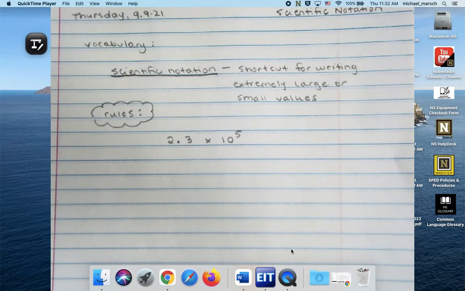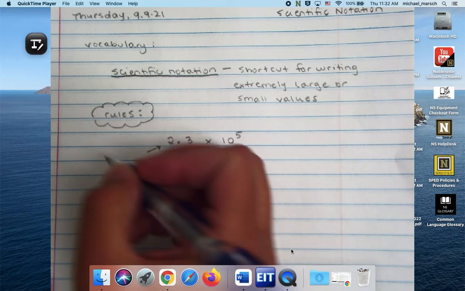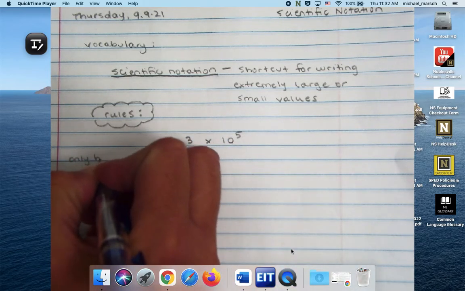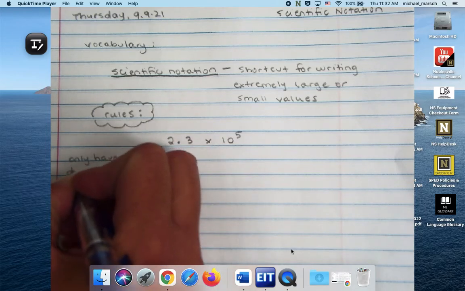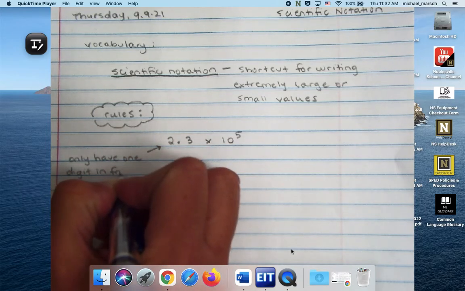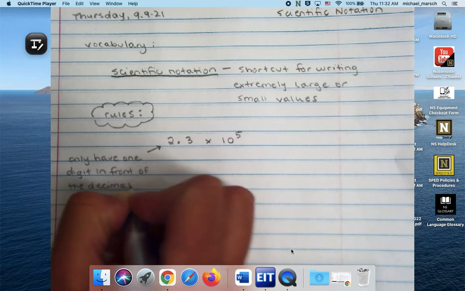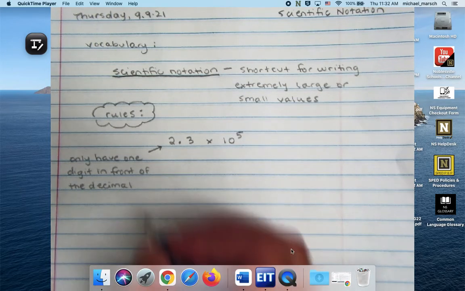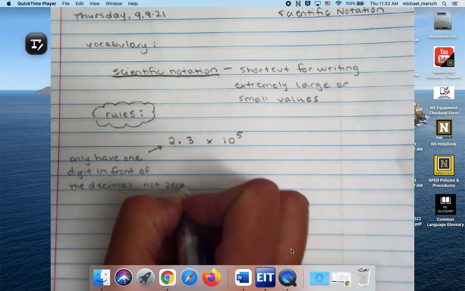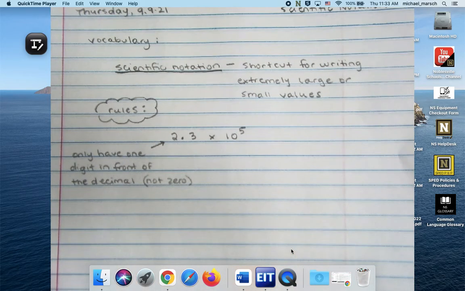Oh, I thought it was 2 times 3. So right here, you can only have one digit in front of the decimal. That is a rule of scientific notation. And that digit cannot be 0. It has to be 1, 2, 3, 4, 5, 6, 7, 8, or 9.